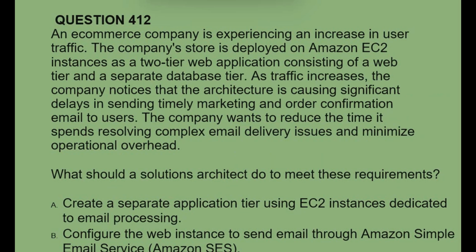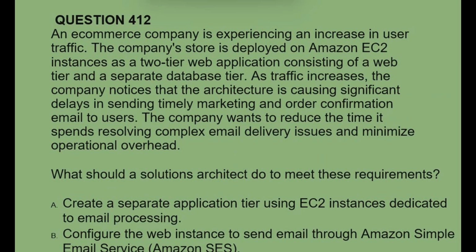Question is, an e-commerce company is experiencing an increase in user traffic. The company's store is deployed on Amazon EC2 instances as a two-tier web application consisting of a web tier and a separate database tier.